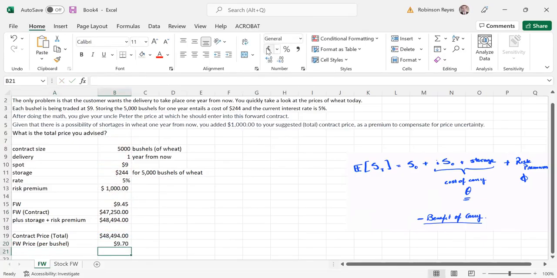So it's 9.70. So there we go. We have our price for each one of the bushels of wheat, and we also have a total contract price. In each of the questions, I will always give you the hint, but when we are talking about the forward price, usually we refer to the forward price as the price for each one of the bushels, regardless of the contract size.